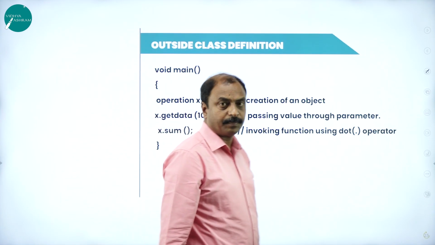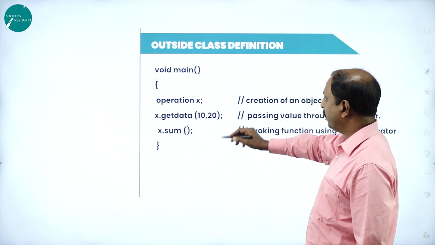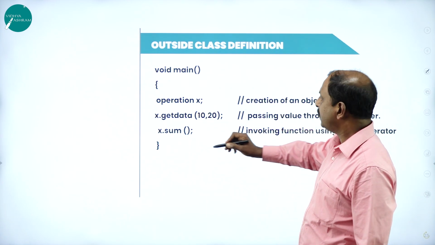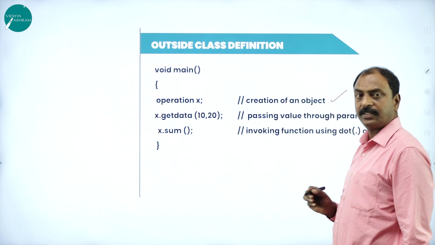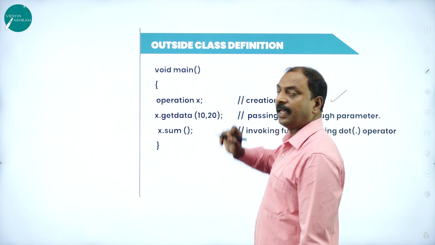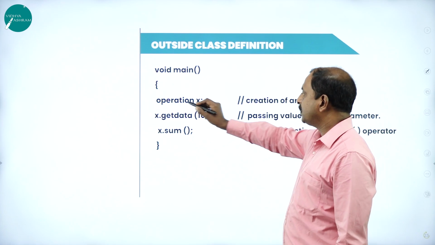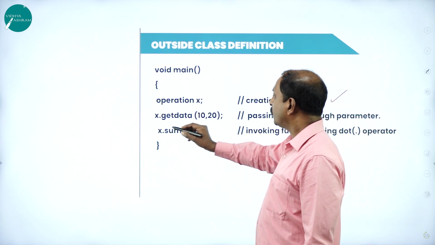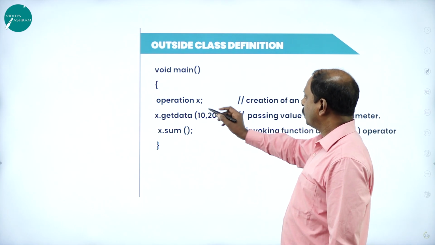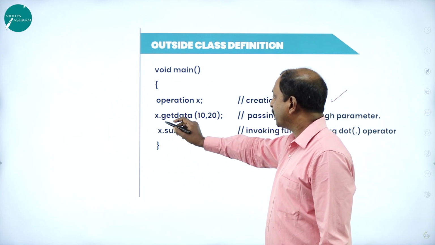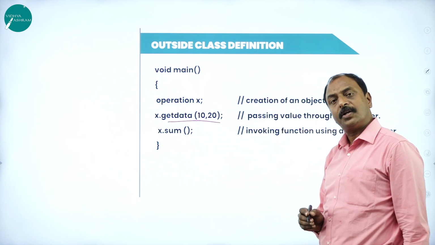In the previous slide we have seen the definition. Now in the main program, this is void main, the main function. As usual, the first step is creation of an object of a class. Operation is the name of the class, and x is a variable identifier. It is an object of the class operation. After that we have to call the functions, invoking them one by one. x is the name of the object, dot getdata, and 10, 20 are the argument list.